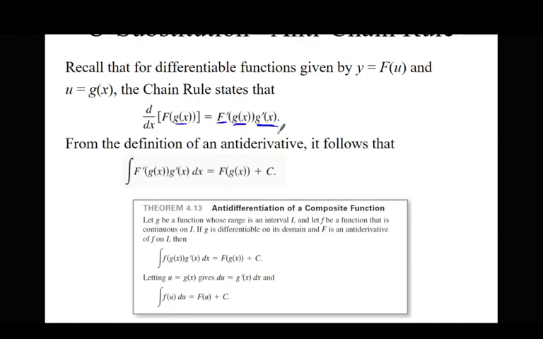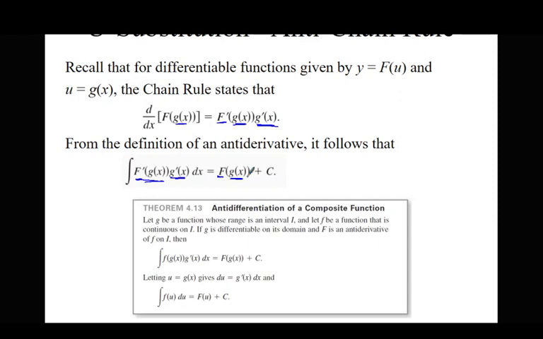Or what we call the inside-outside rule. So from that definition, the antiderivative is our original function, the antiderivative of f with g inside, plus a constant.